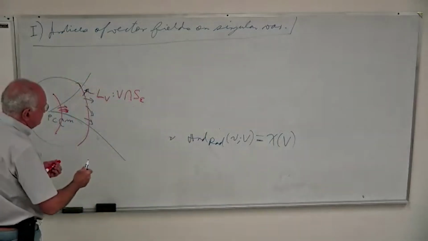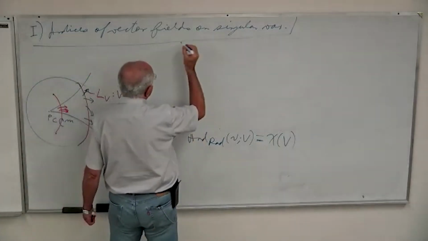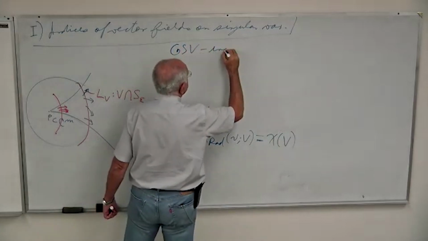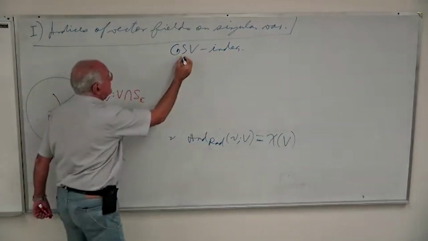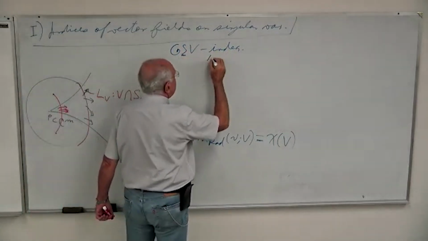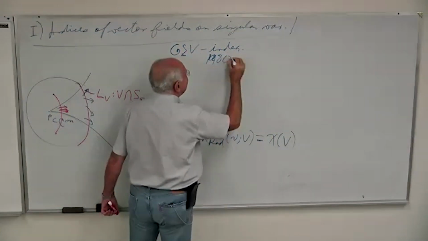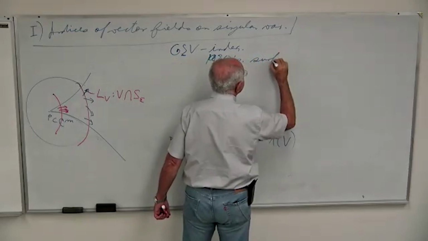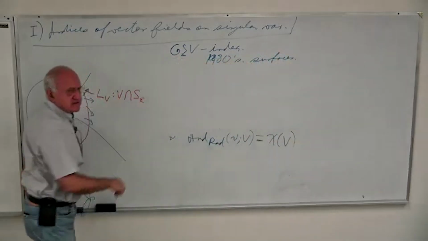There's a somehow previously defined index. This is called the GSV index. That was defined by myself in the early 1980s for surfaces, for vector fields on surfaces, complex surfaces, and then by Gomez-Mont, myself, and Verjovsky in general.